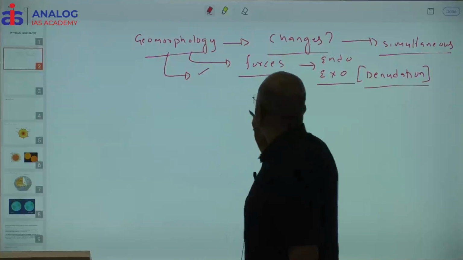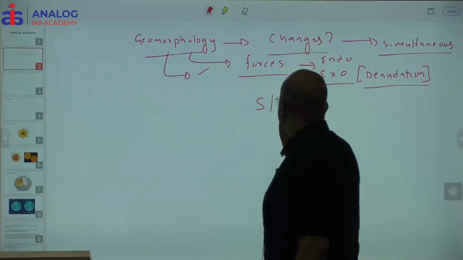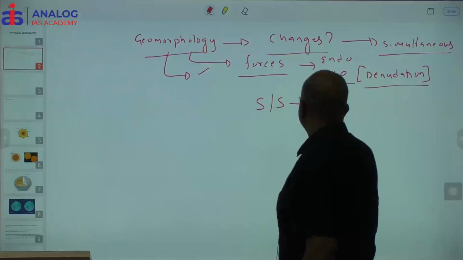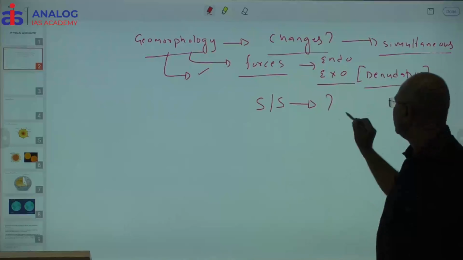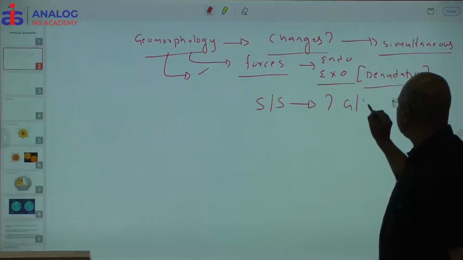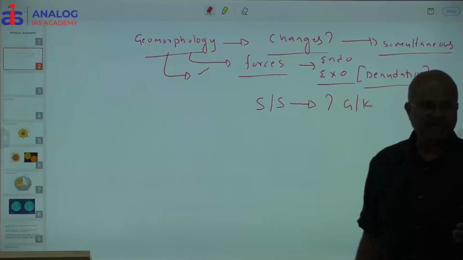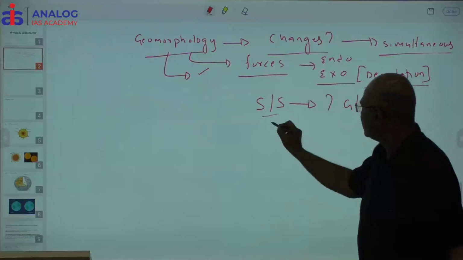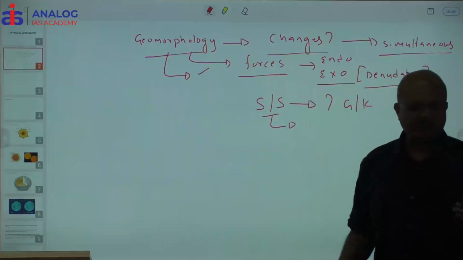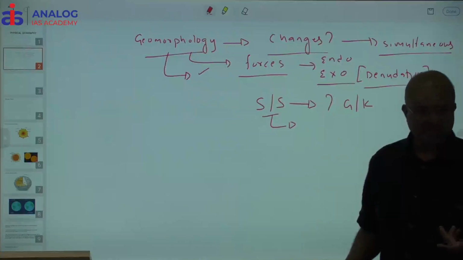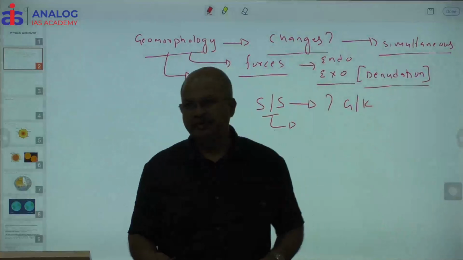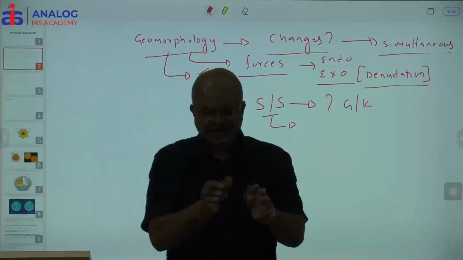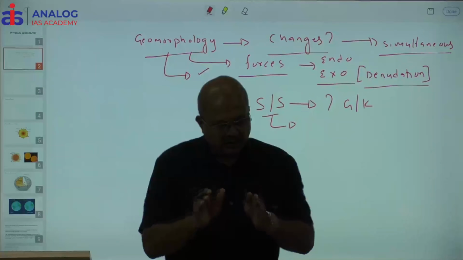They may ask that stalagmites and stalactites are landforms created by groundwater, that this is karst topography, and the next question will be whether they are erosional or depositional. So you have to segregate that. Till the time is there, segregate them and revise them.